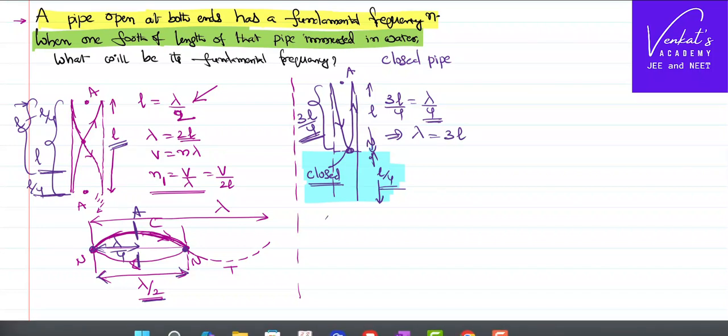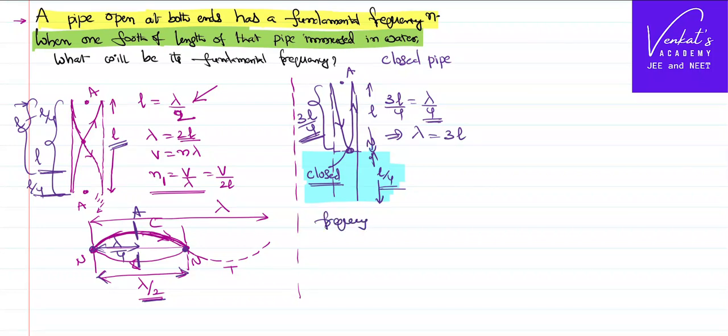Now, being a closed pipe, the frequency of a closed pipe, we have derived an expression for that. N is equal to V by 4L. You want to know where you got that? I have derived it in another video, but I will show it to you here.